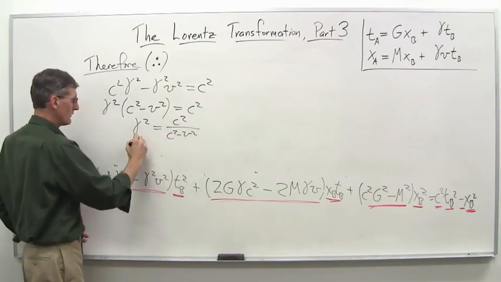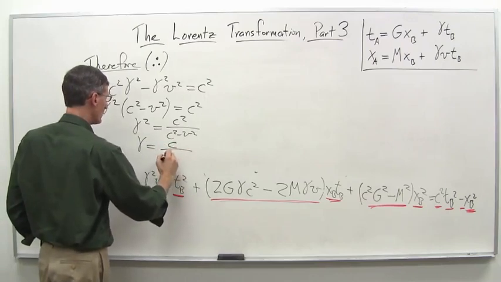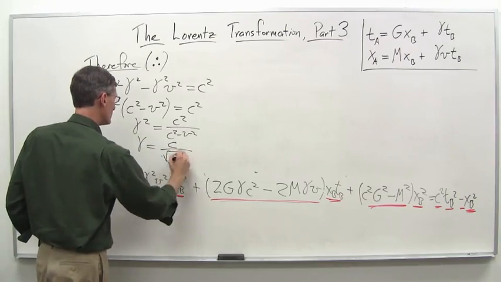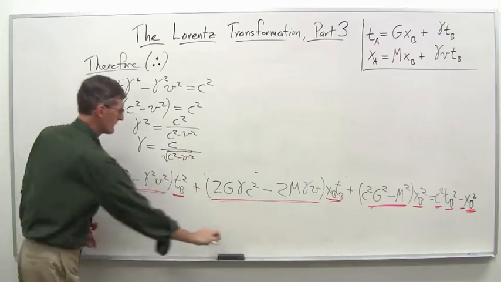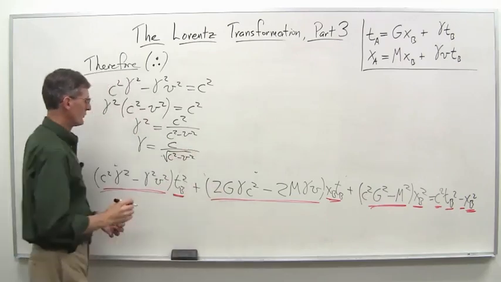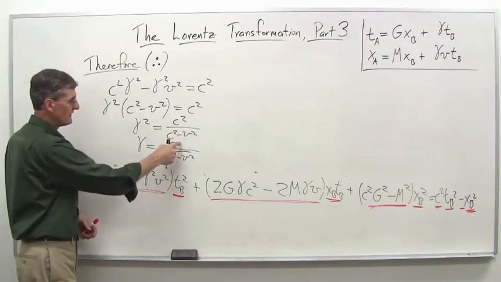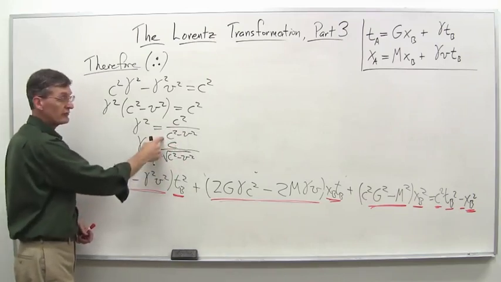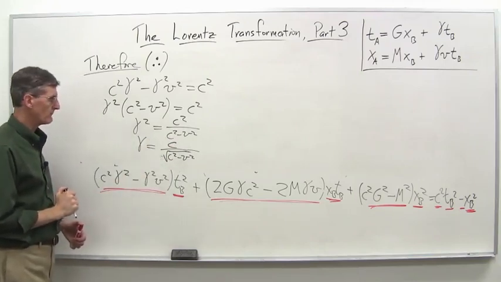So we have gamma equals c over the square root of c squared minus v squared. Just took the square root: gamma squared is gamma, square root of c squared is c, and the square root of c squared minus v squared is the square root of c squared minus v squared.